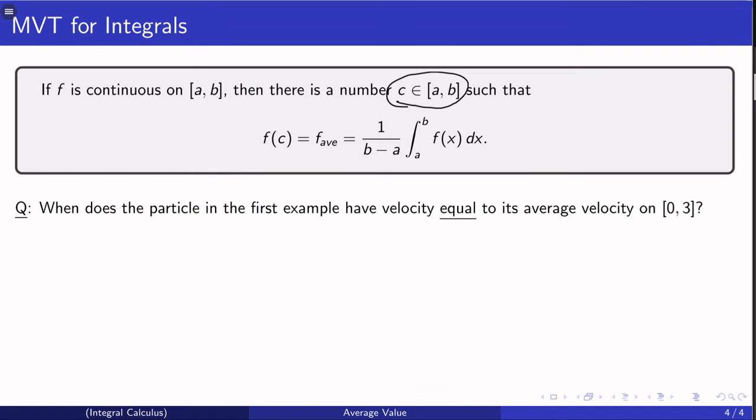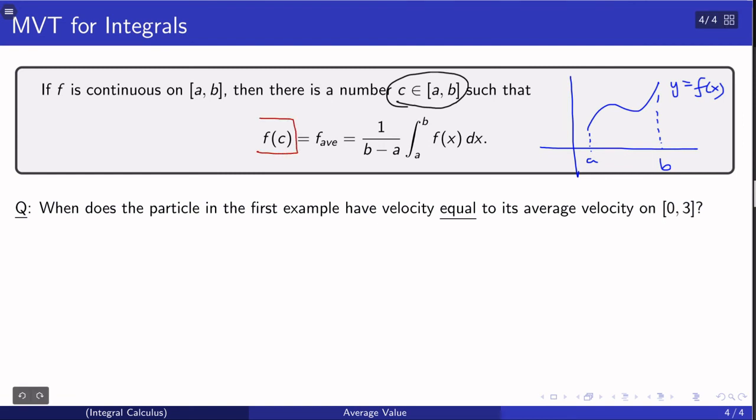It doesn't tell you how to get that number necessarily, but it tells us in this case that for any function that's continuous, if you take the average value of the function from a to b, then you can always find a number c such that the function value there matches the average value of the function exactly.